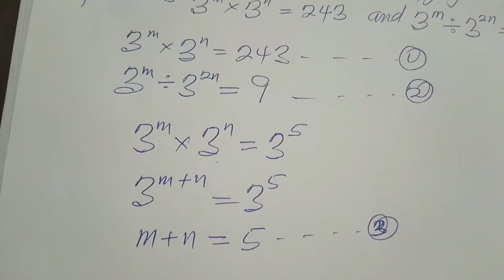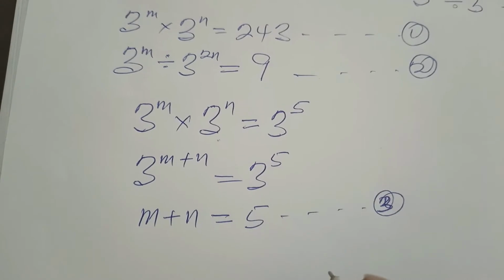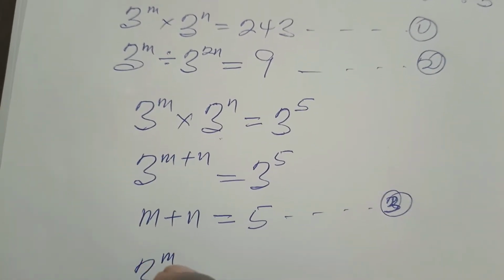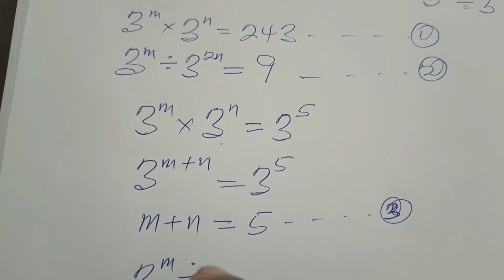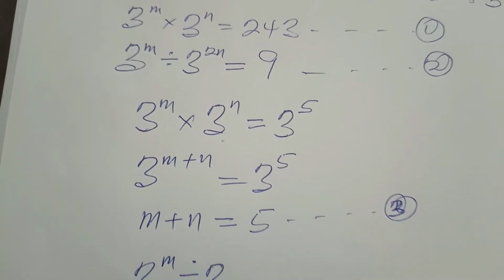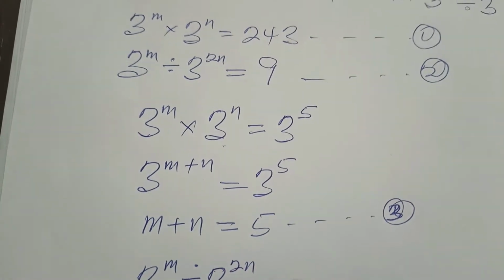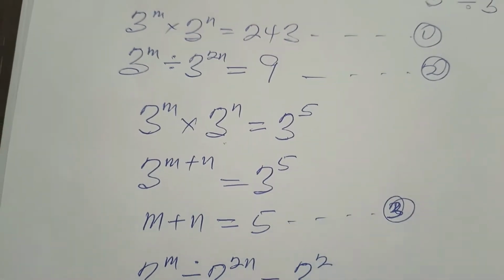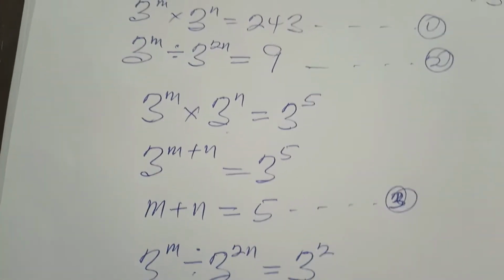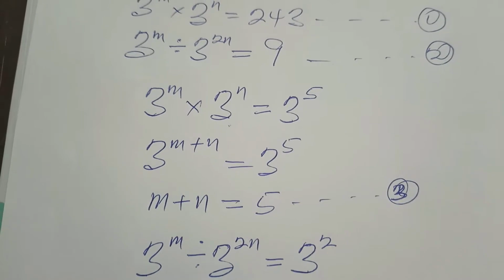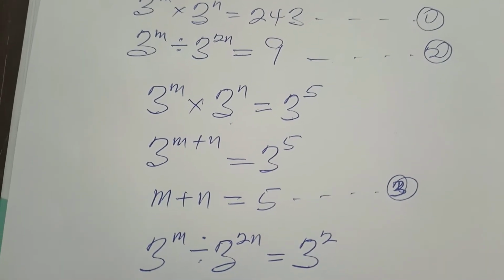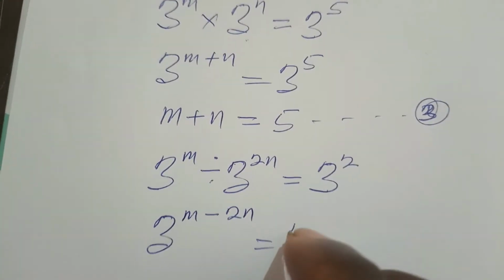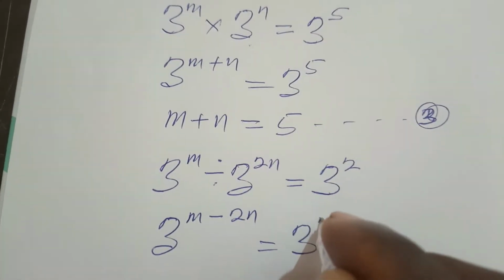Then we take equation 2 to break it down to get a linear equation. So that is 3 exponent m divided by 3 exponent 2n, which will be equal to 9, that is 3 exponent 2. We simplify the left hand side to get 3 exponent m minus 2n because of the division, then equals 3 squared.